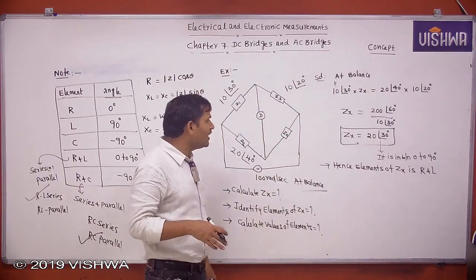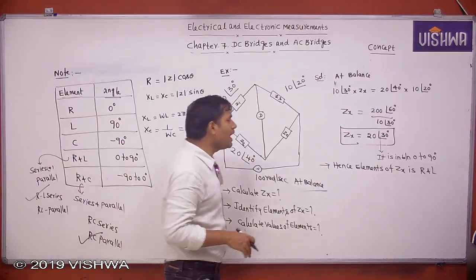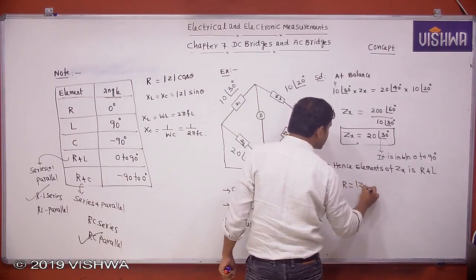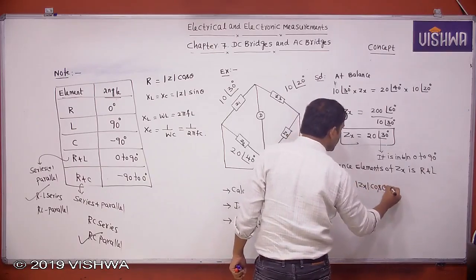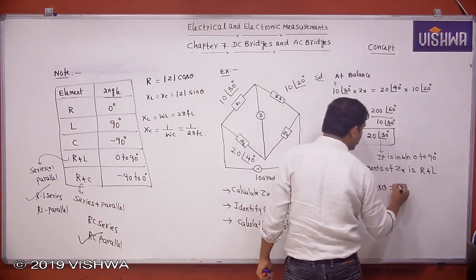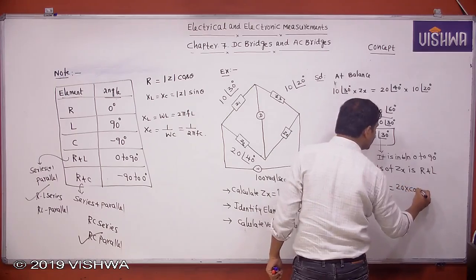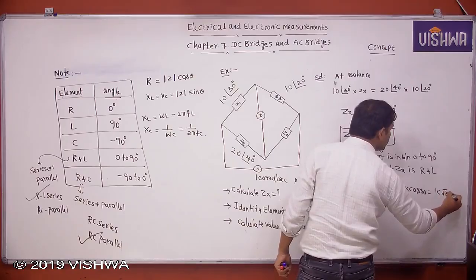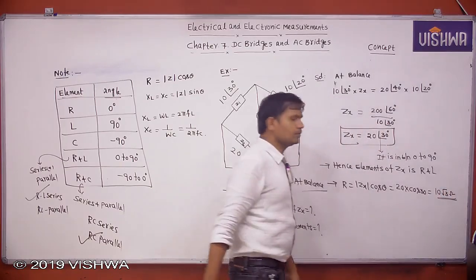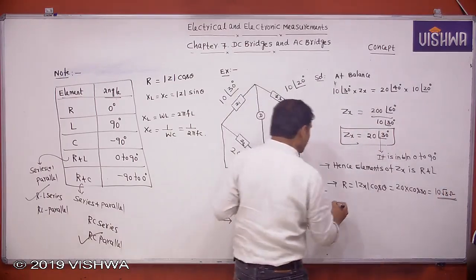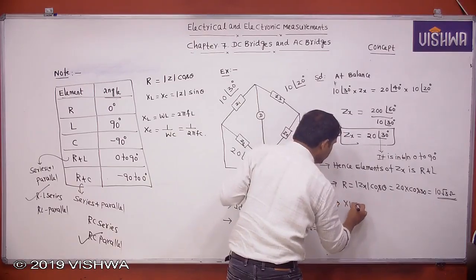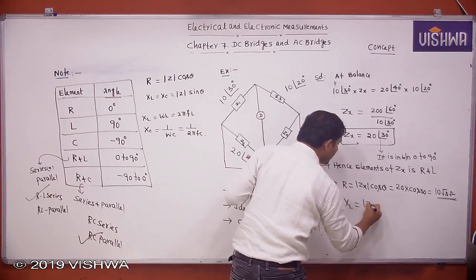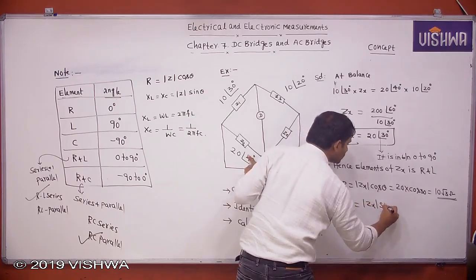Once we identify the elements of ZX, then how to calculate? R equal to modulus of ZX cos theta. What is ZX? 20. Cos 30, root 3 by 2. That is 10 root 3 ohms. Then how to calculate XL? We know that XL equal to modulus of ZX sin theta.